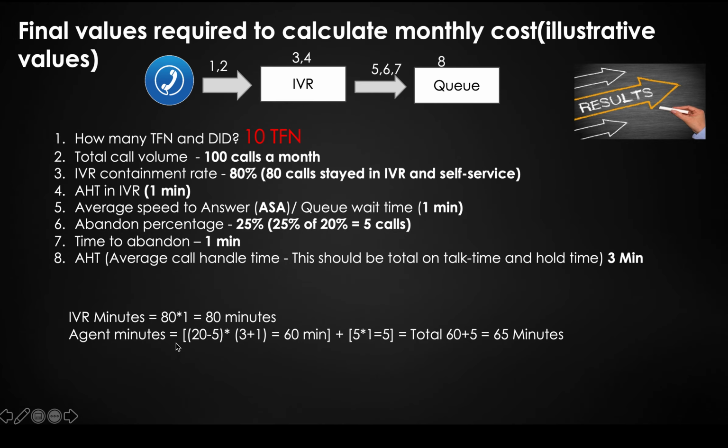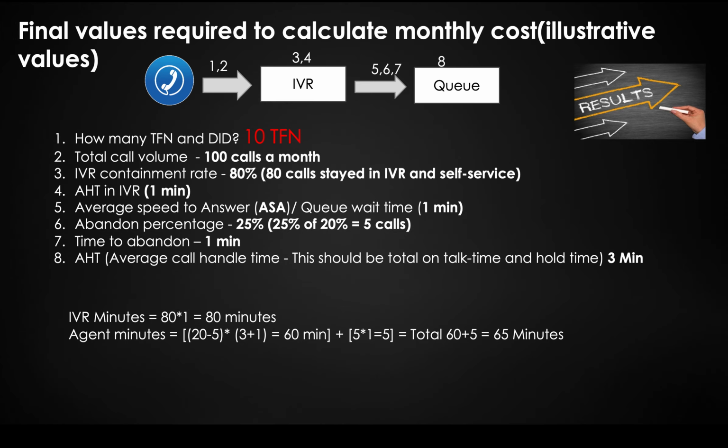So the way it's calculated is your 20% of the calls went to the queue, which is like 20% of 100 calls a month, minus the 5% calls which abandon, multiplied by 3 minutes of the average handle time plus 1 minute of ASA, which comes to around 60 minutes.